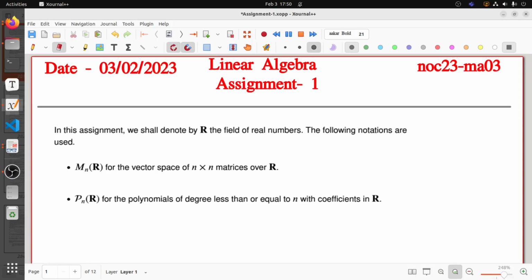But all these dots are the usual multiplication on R, and we know usual multiplication on R is associative.